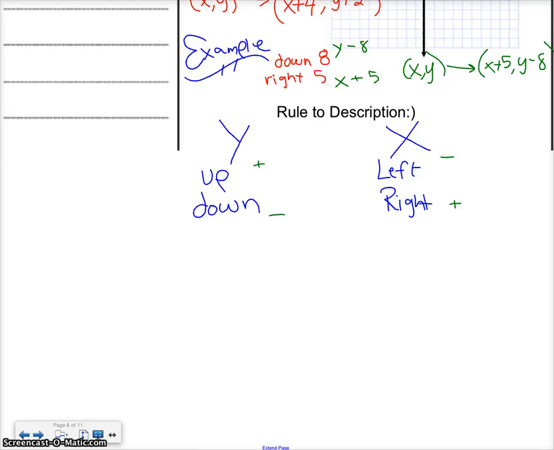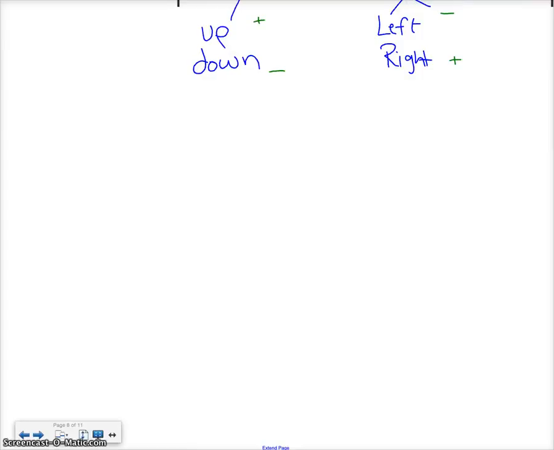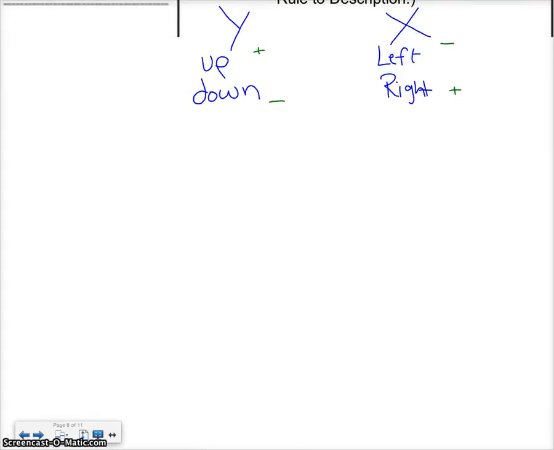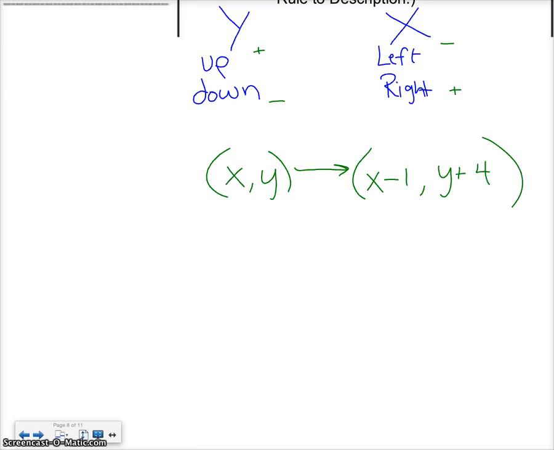I'm going to write a rule. You write it down too for this first one. And then we'll do just a couple practice ones in class together. And we're going to, from the rule, describe the translation. So x comma y slides to x minus 1, y plus 4. Describe in your notes what this translation means.